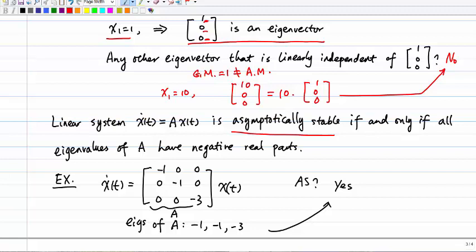Now for asymptotic stability, for the linear system x dot t equal to A x t, it is asymptotically stable if and only if all eigenvalues of A have negative real parts. So it's much more straightforward. We must have negative real parts.